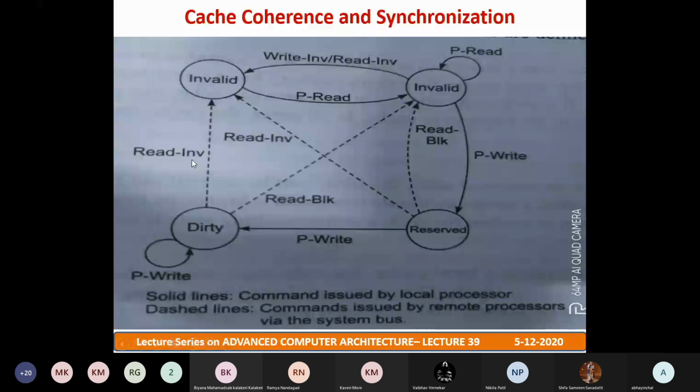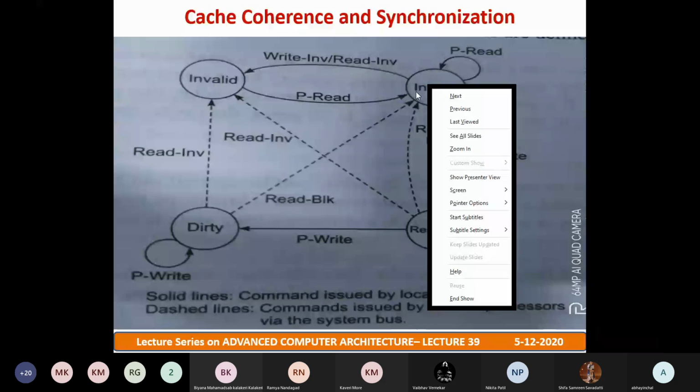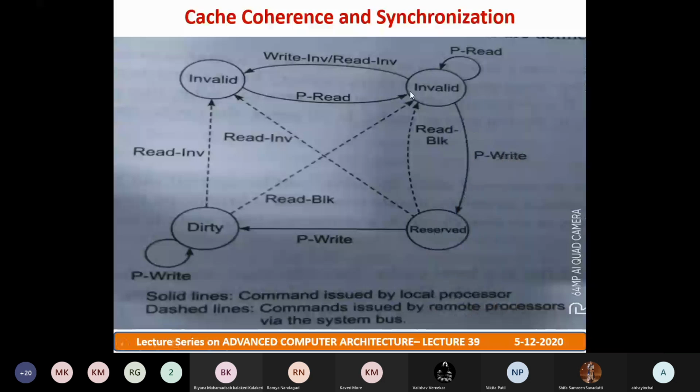When it is in invalid state, if the processor reads, sorry, this should be valid. There is a small mistake in the book, please remember, because I have taken it from the Kai Hwang textbook. Please make it invalid, sorry, valid.